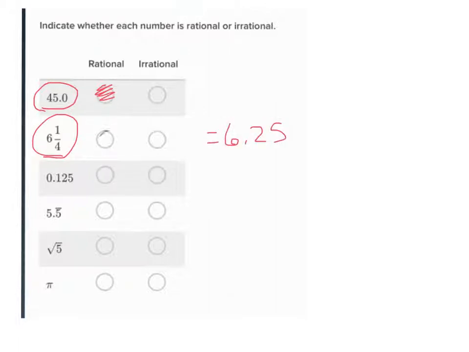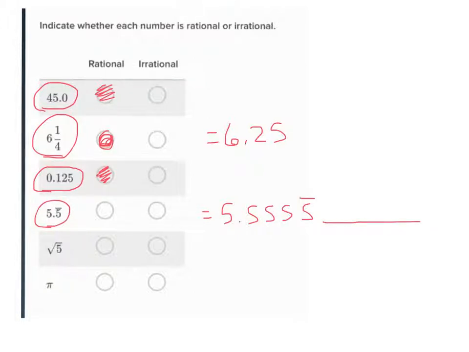It's a decimal that stops, so it's rational. 0.125 is a decimal that stops, so it's rational. 5.5 with a line over it means 5.5555, and then that 555 goes on forever, but it has a pattern, so it's rational. Let's put square root of 5 in our calculator. Square root of 5 is 2.236, and it goes on and on without a pattern. Since it goes on and on without a pattern, it's irrational. And then we already talked about pi is irrational.